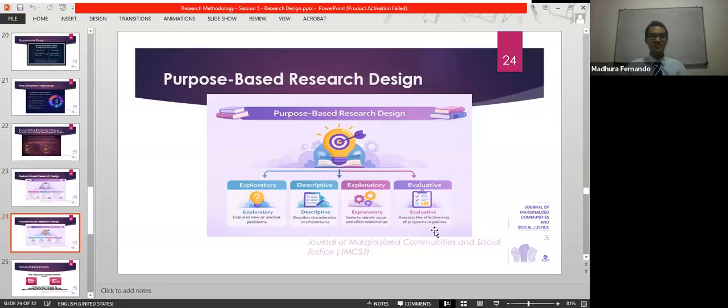Purpose-based research design means that when you explore, when you describe, when you explain, when you evaluate, those are your purposes. Explaining is a function derived by your purpose. Describing is a function derived by your purpose. All these functions are derived by your purposes. Now these are purpose-based research design, right?